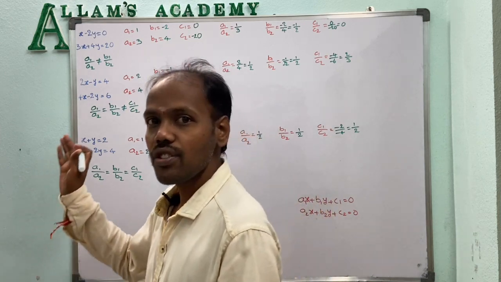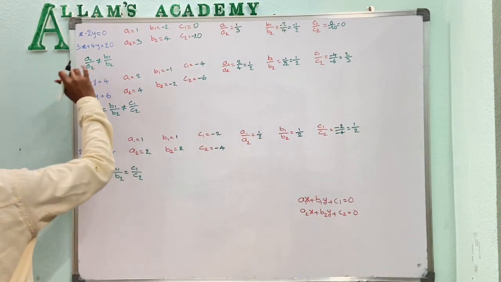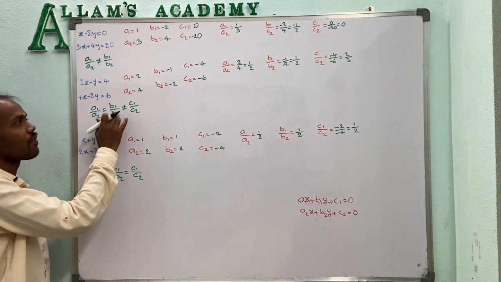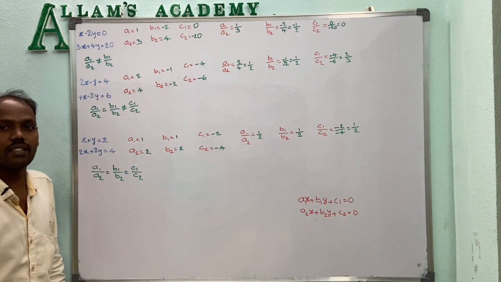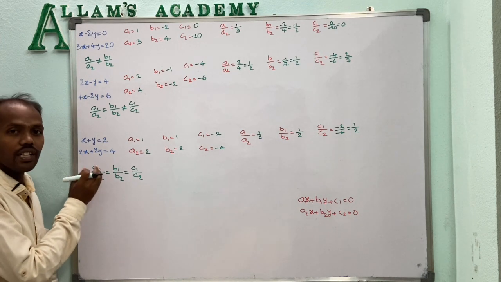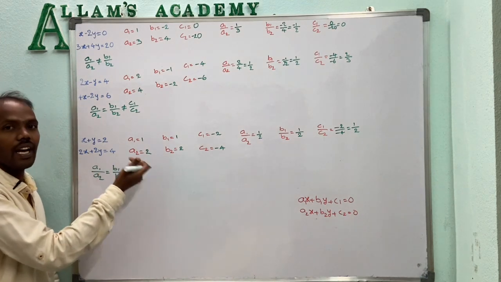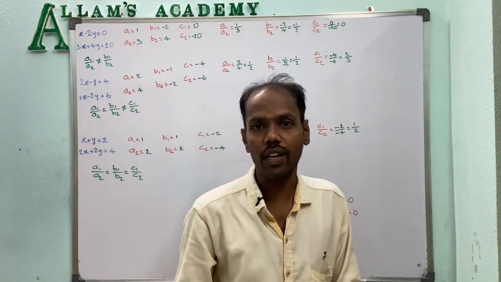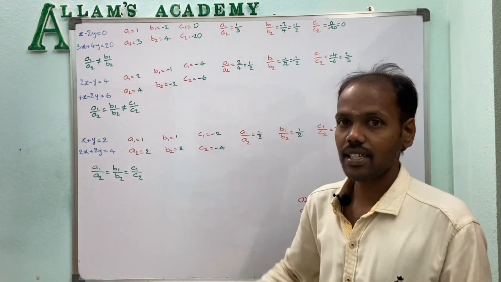That means the x coefficients and y coefficients are equal but not equal to the constant terms ratio. Next, the third one is where the x coefficients, y coefficients and constant terms ratios are all equal. So these are the three conditions.